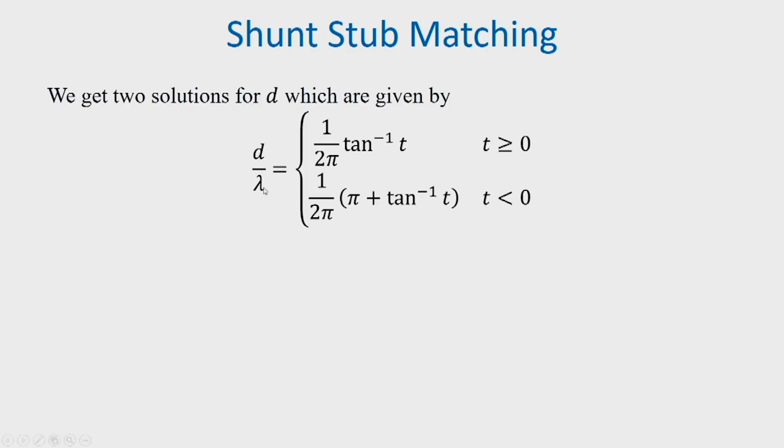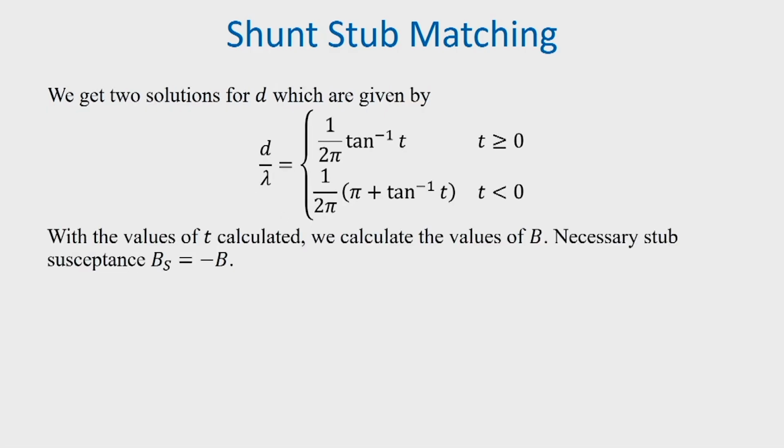So, when T is less than 0, to get a positive length D, we solve 1 by 2 pi plus tan inverse T to be equal to d by lambda.